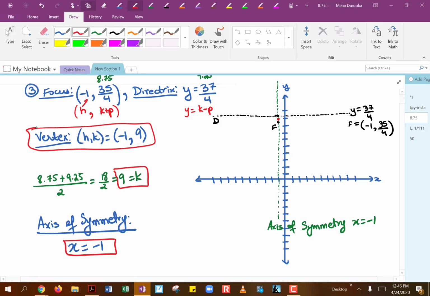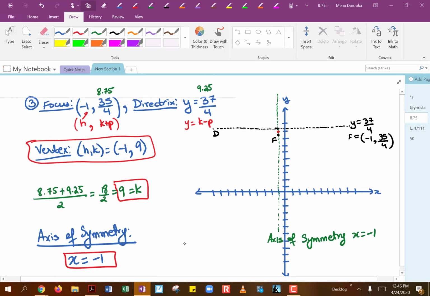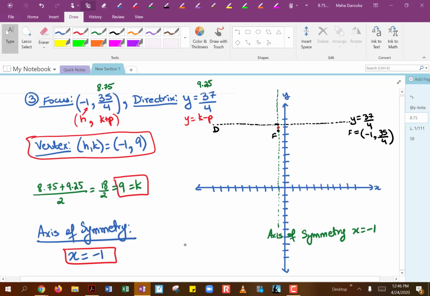So what we need is the a value, right, to come up with our equation. So what you need to see here is what is going to be this p-value, because we didn't officially calculate p. But remember, p-value is the distance between the focus and the vertex, or the distance between the vertex and the directrix.